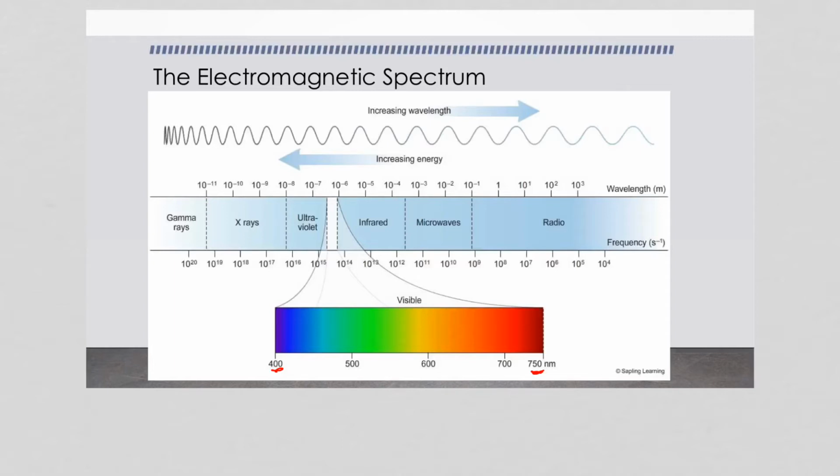And we all are familiar with ultraviolet light because it comes from the sun, and we wear things like sunscreen to protect our skin from these ultraviolet rays, right? That's ultraviolet light. If we go even shorter, we get to a type of waves that are called X-rays.